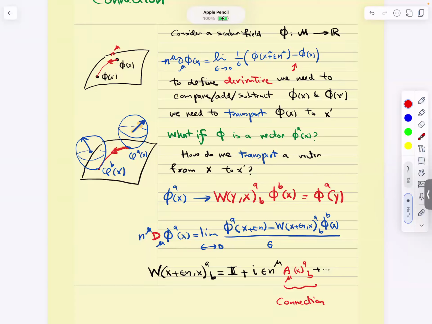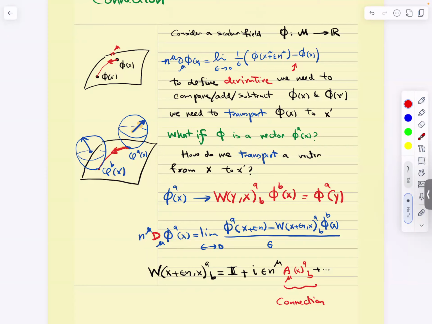If you thought you knew what you were doing when you wrote ∂_mu of some matrix of x, it would be incorrect. This assumes the only way to define this object is to assume a connection. A connection means gauge field. So what is well defined is not really this.